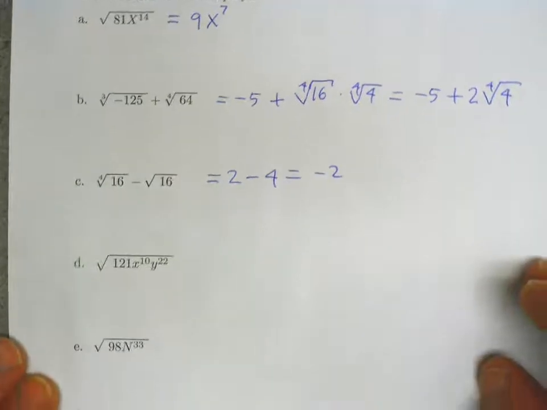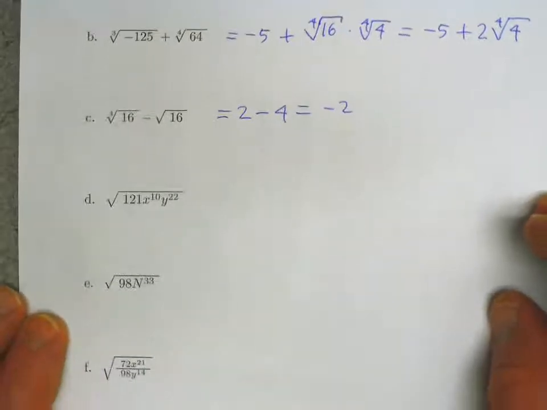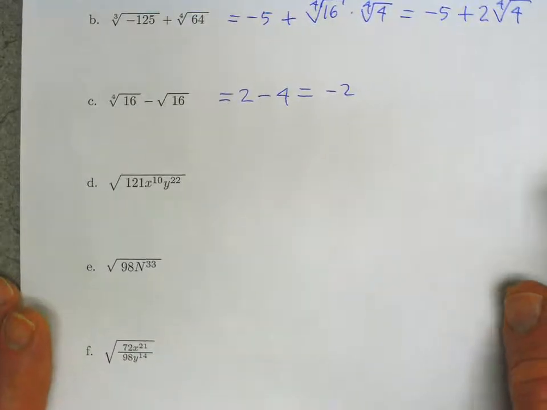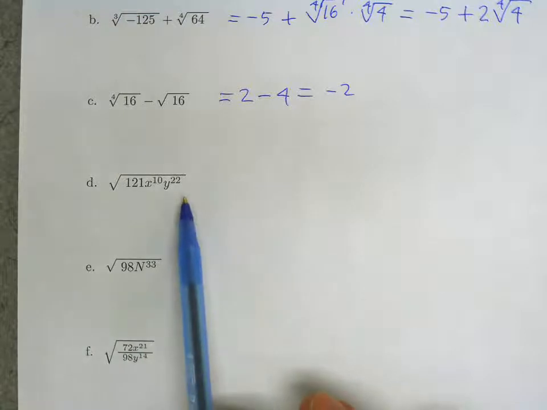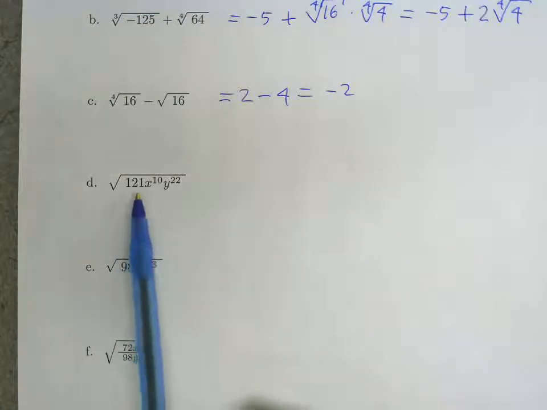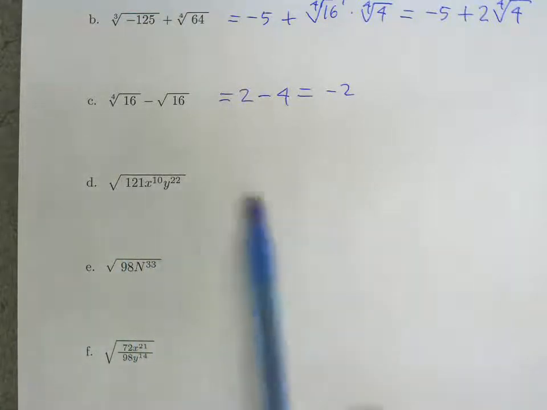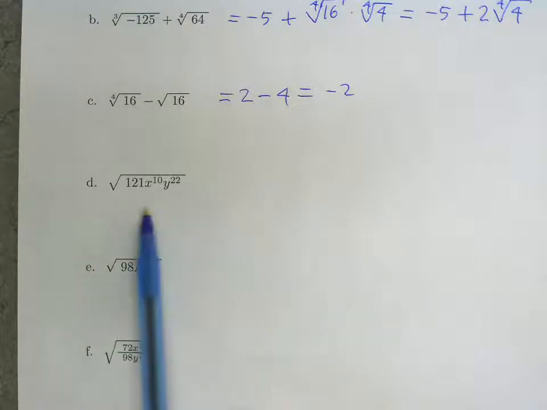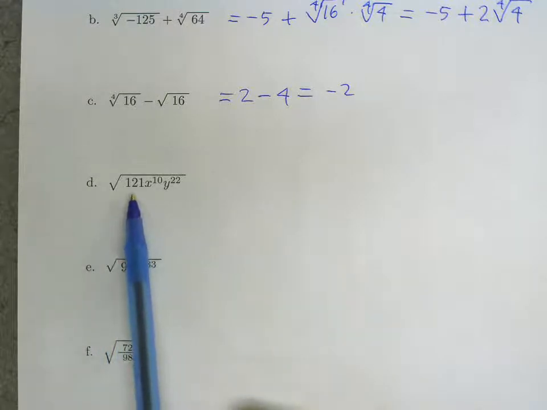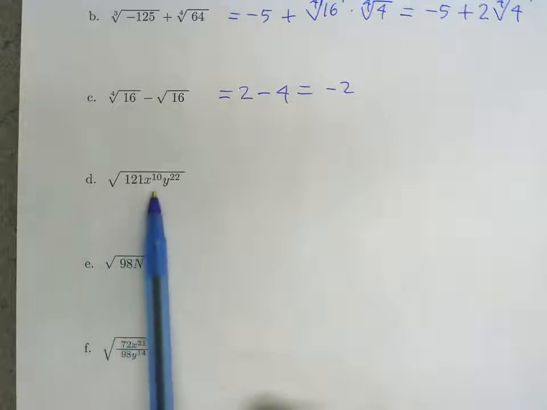Okay, in the next example, the square root of 121x to the 10th, y to the 22nd. This simplifies so that in the end we don't have any square roots left, because 121 is a perfect square.